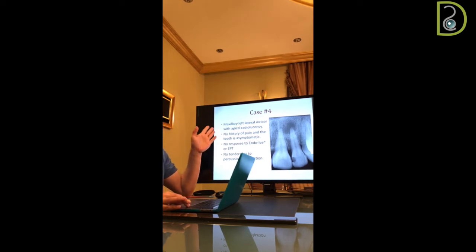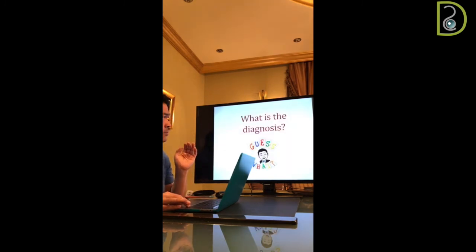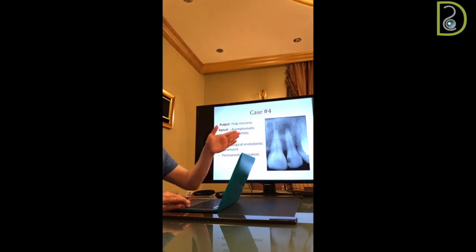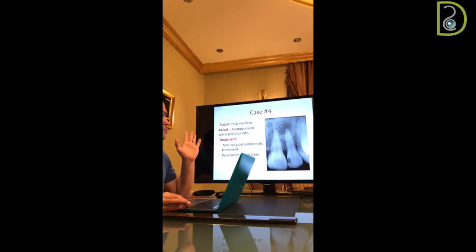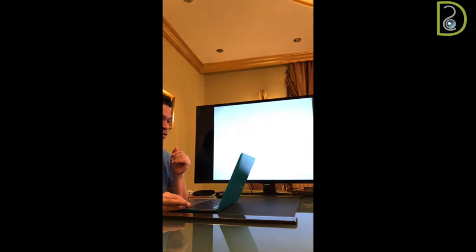So no history of pain, the tooth is asymptomatic, confirmed by endo ice, that means the tooth is necrotic. No tenderness to percussion, that means the apical is asymptomatic. So it is pulp necrosis with asymptomatic apical periodontitis. So it's non-surgical root canal treatment and of course permanent restoration.